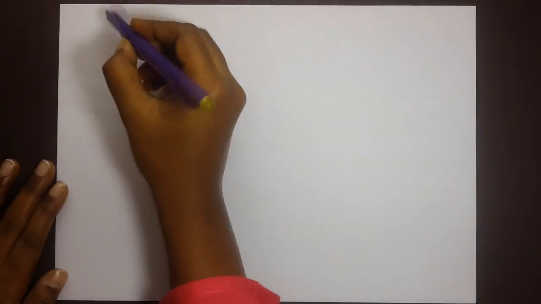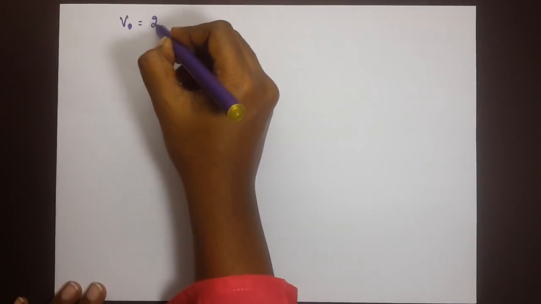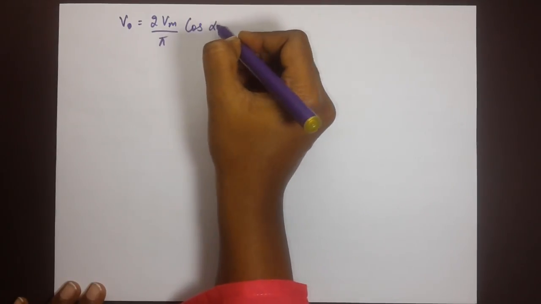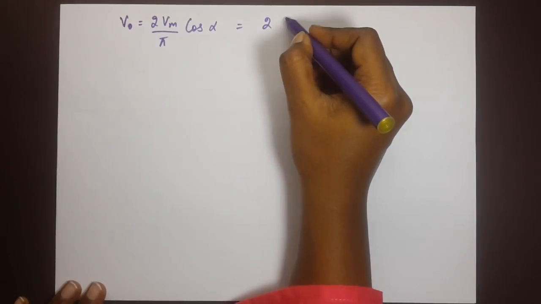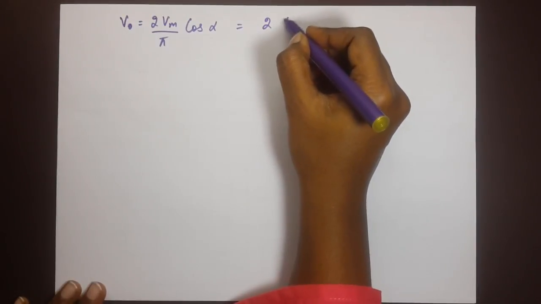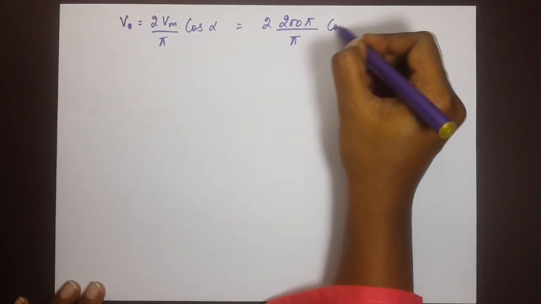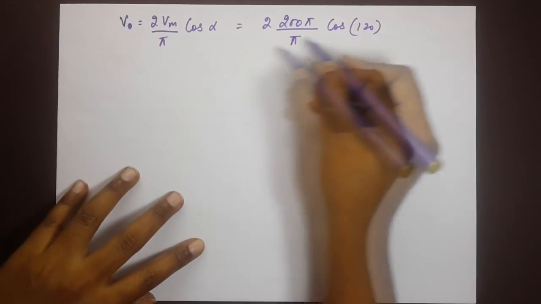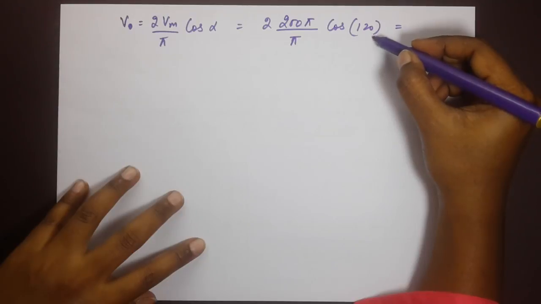Okay, so we have V naught is equal to 2 Vm by pi cos alpha, which is 2 into Vm. According to the given equation, we take the peak value, which is 200 pi, divided by pi into cos of 120. So here we get the value as, that's minus 1 by 2, right?